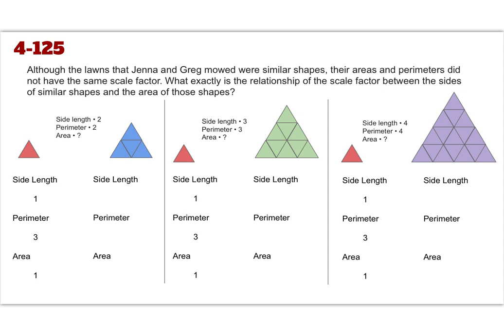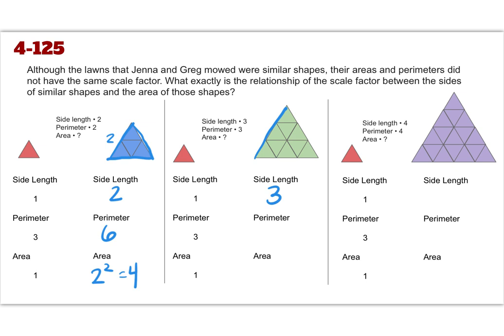The side length is 2. The perimeter all the way around is 6. And the area is 2 to the second power. The side length is 3.